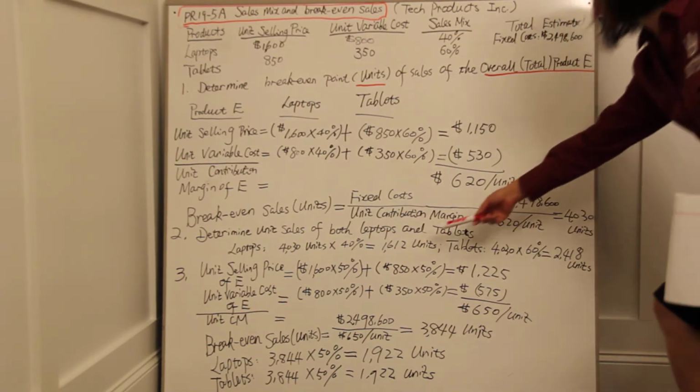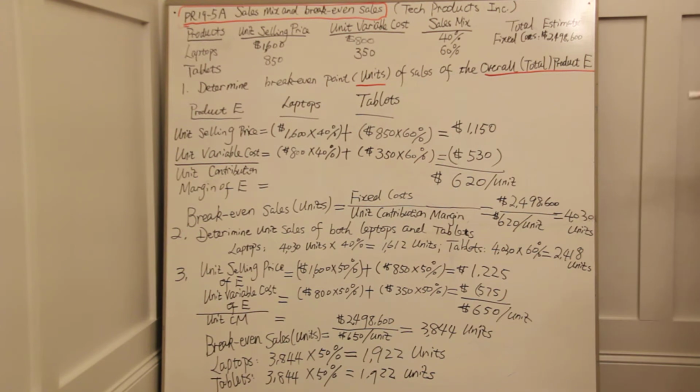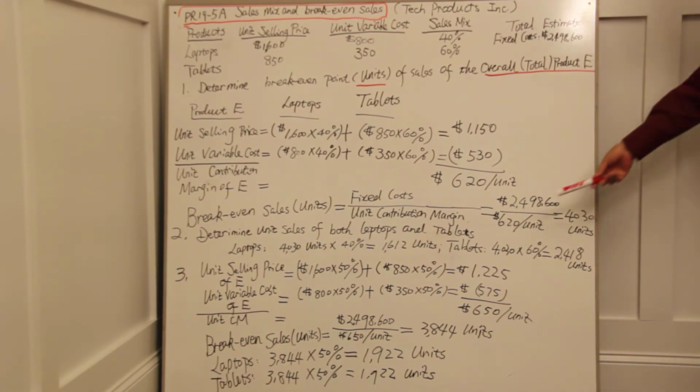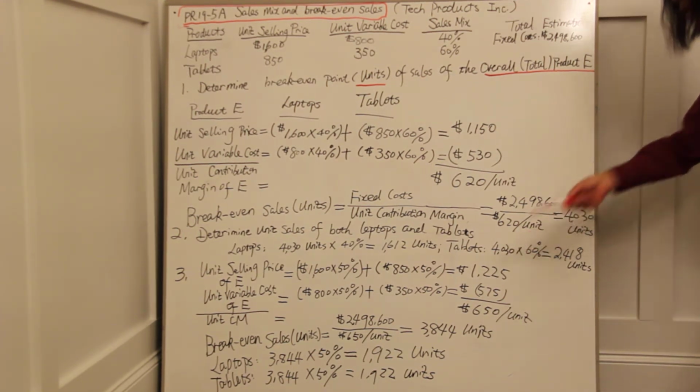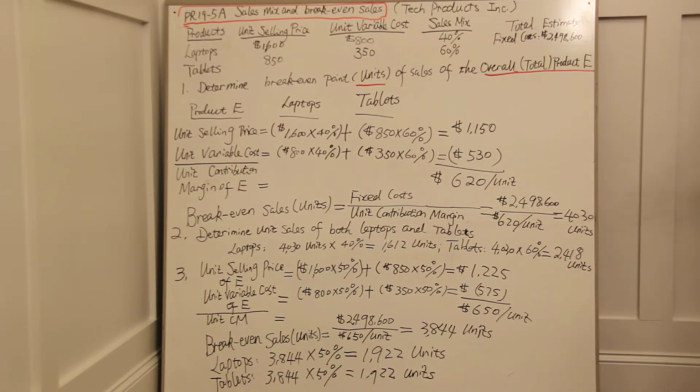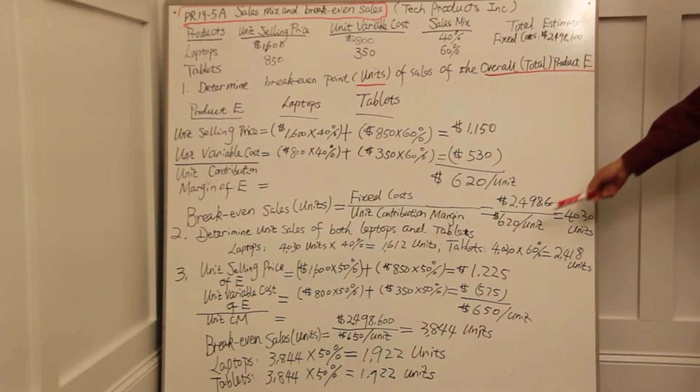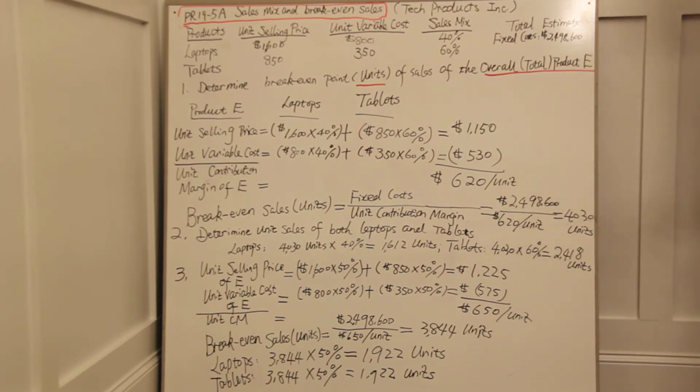It gives us 1,612 units. For tablets, we do the same way. We use the break-even sales in units for overall product, 4,030 units, times the 60% sales mix for tablets. It gives us 2,418 units.